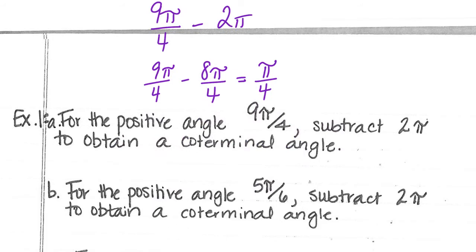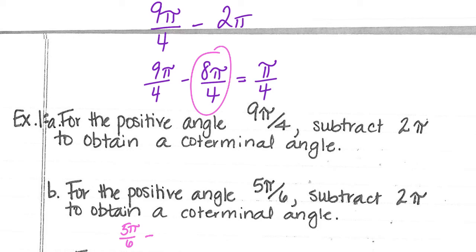All right, for the next question, it says, for the positive angle 5 pi over 6, subtract 2 pi. So again, they're just telling us exactly what to do. We are taking 5 pi over 6, and I'm going to subtract. Well, I know 2 pi is 8 pi over... it's not 8 pi, is it?